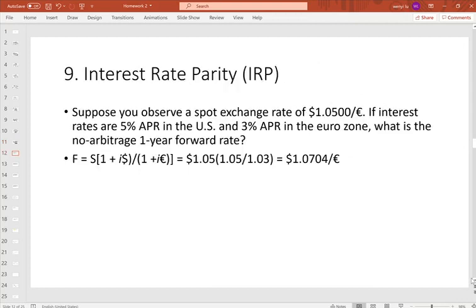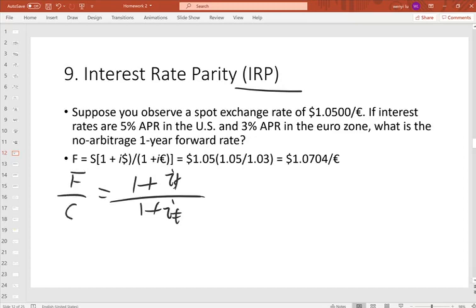The next one, question 9, is for interest rate parity. Interest rate parity, we have demonstrated this one in class. So 1 plus i dollar over 1 plus i euro equals the forward rate over the spot rate.